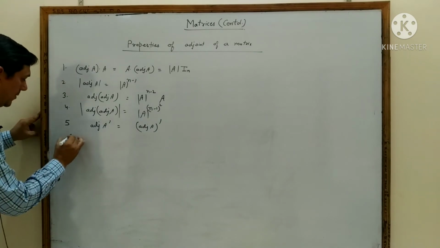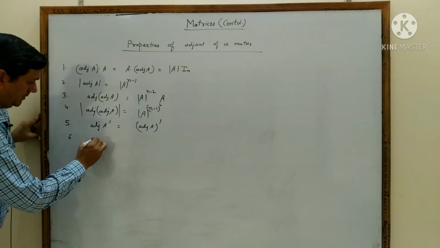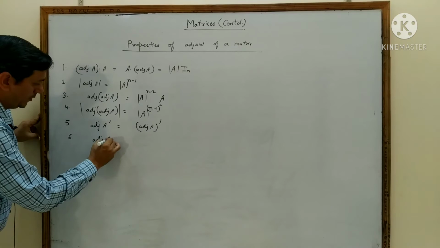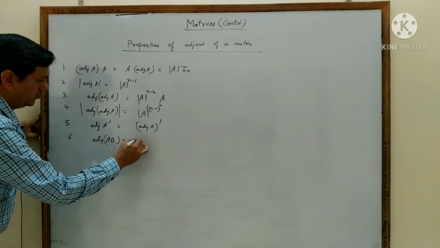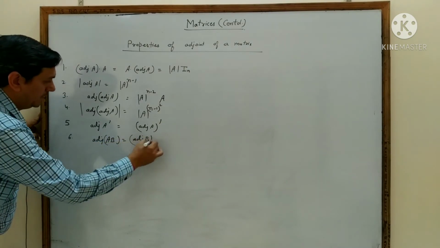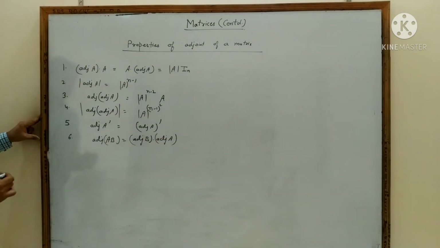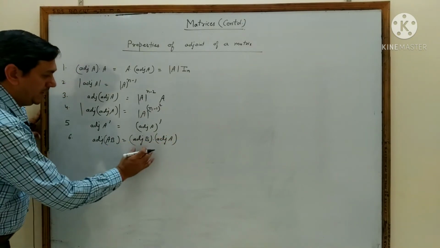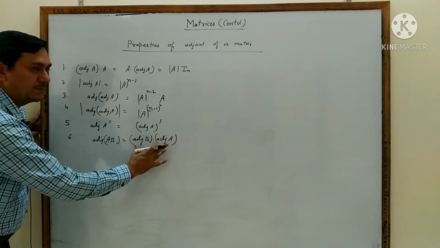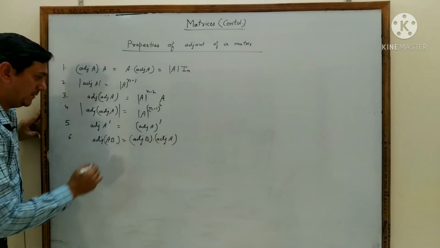Now come to the next property. Adjoint of the product AB is equal to adjoint of B multiplied by adjoint of A. We shall prove it by pre-multiplying and post-multiplying the RHS by AB.